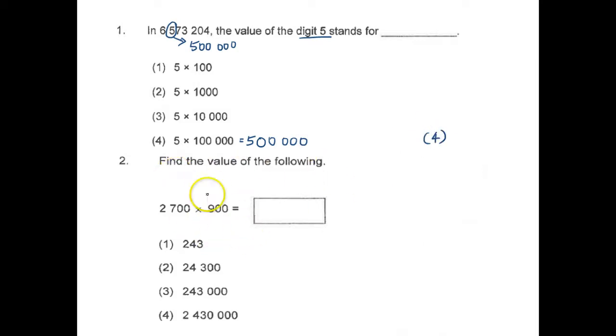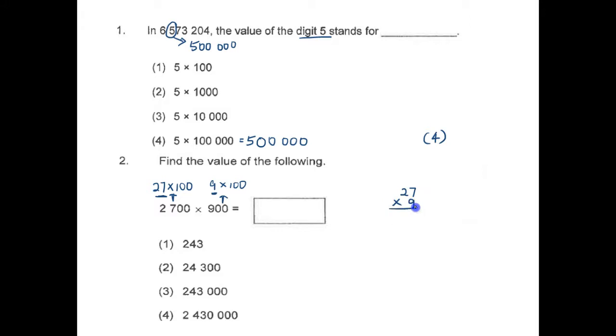Question 2. Find the value of the following. 2,700 times 900. We know that 2,700 is 27 times 100. 900 is 9 times 100. What we can do is we can multiply 27 times 9.